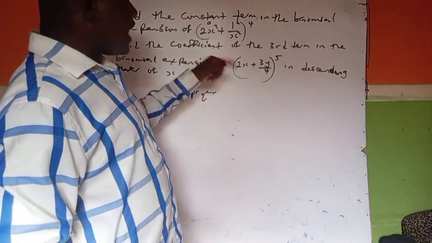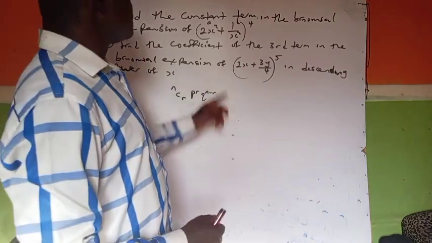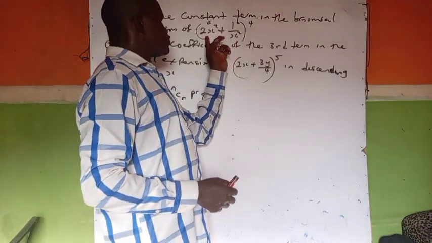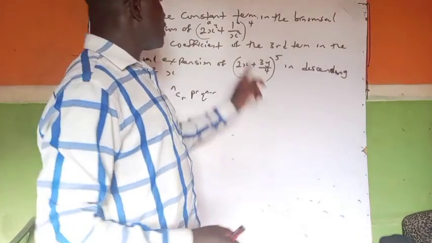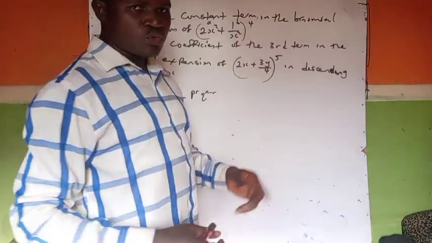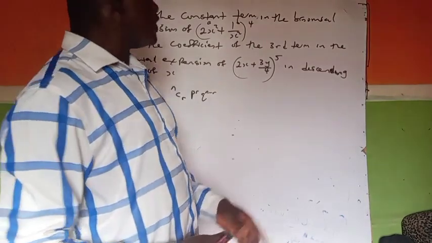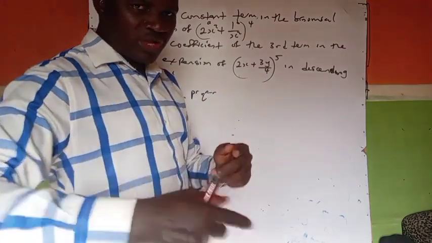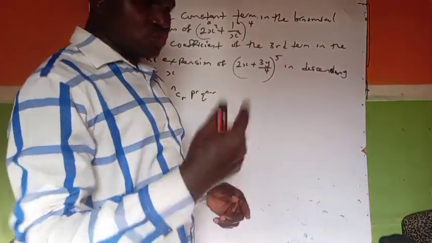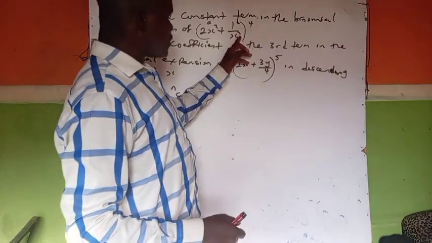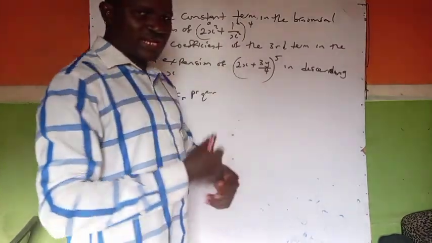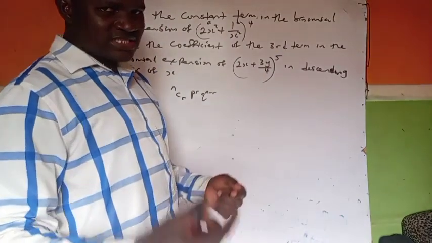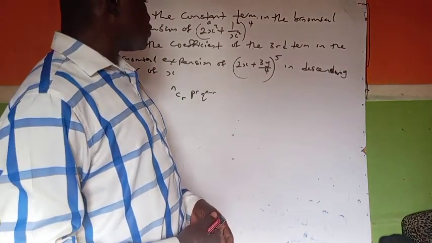Therefore, at the constant term, the second one is raised to power 2, and at that point you will have 2 raised to power 4, because 2 squared is 2 raised to power 4. If you multiply the two together, they will cancel out. That is the idea they are projecting to you.